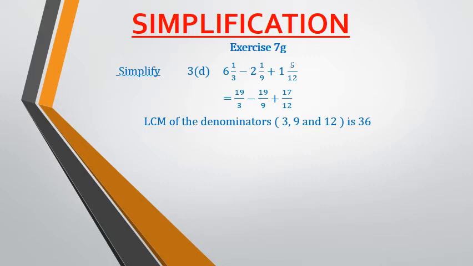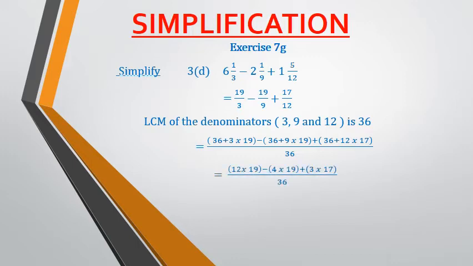So now in the next step we will write 36 in the denominator, and in the numerator part we will write 36 divided by 3 multiply by 19 minus 36 divided by 9 multiply by 19 plus 36 divided by 12 multiply by 17, according to the formula which we have already learned in the previous exercise. Now when we solve the brackets, what do we get?